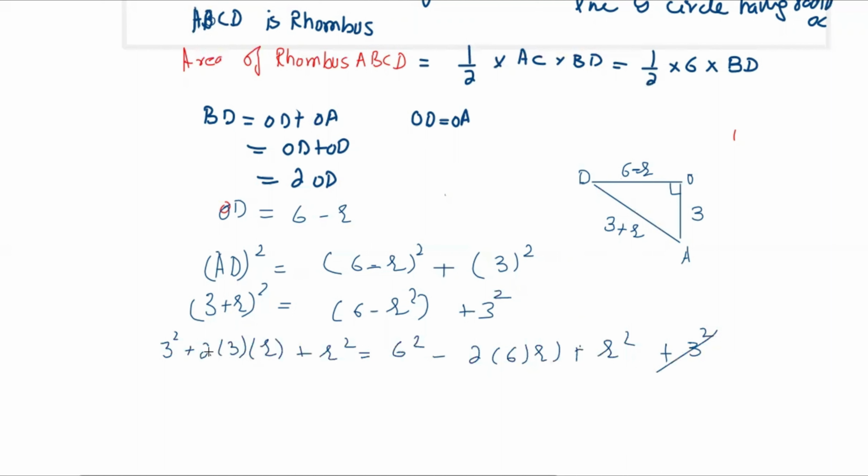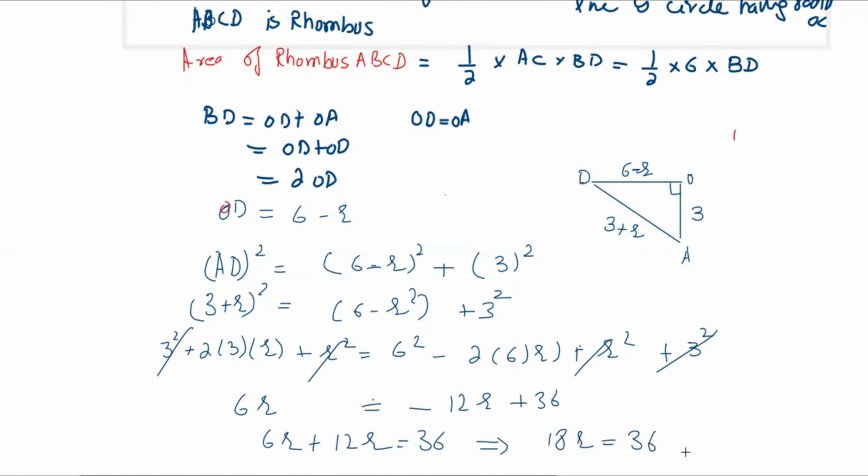Now this 3 square will be cancelled, and this R square will be cancelled. Now we can write it as 6R equals minus 12R plus 36. Now this is 6R plus 12R, that is equal to 36. Now 18R will be equal to 36.